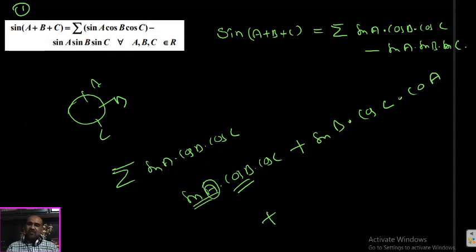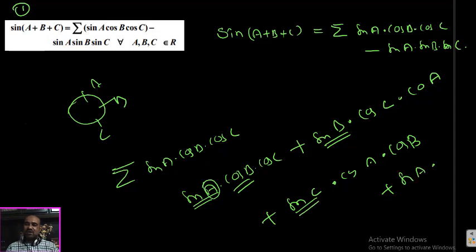Plus, after sin B becomes now sin C, B replaced by C, into cos C, C replaced by A, into cos A replaced by B. If you write one more step, sin C means C replaced by A, sin A, into A replaced by B, cos B, into cos C. Already I wrote that one, that's why here only we need to stop. So the meaning of sigma sin A cos B cos C is sin A cos B cos C plus sin B cos C cos A plus sin C cos A cos B.